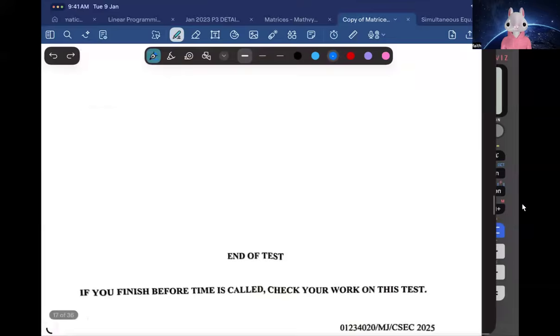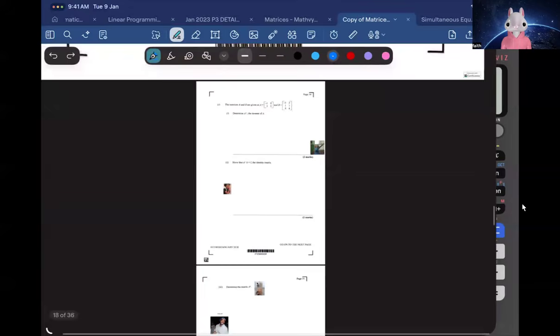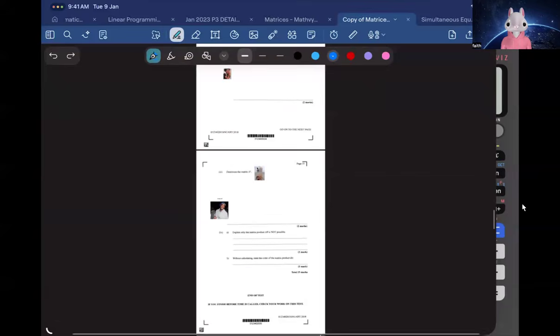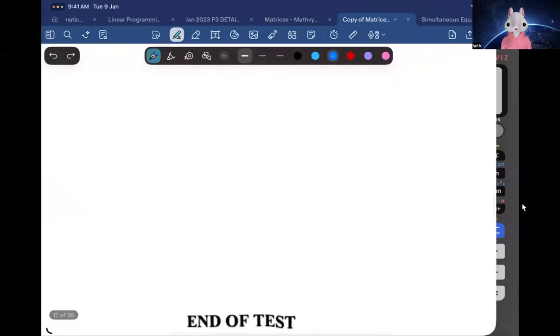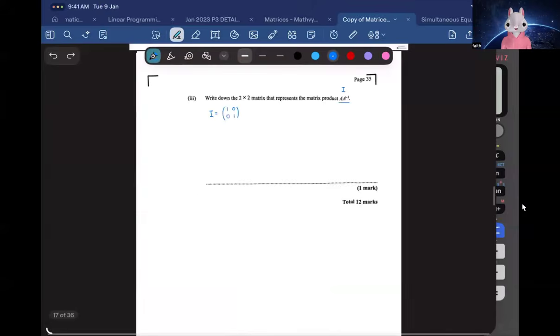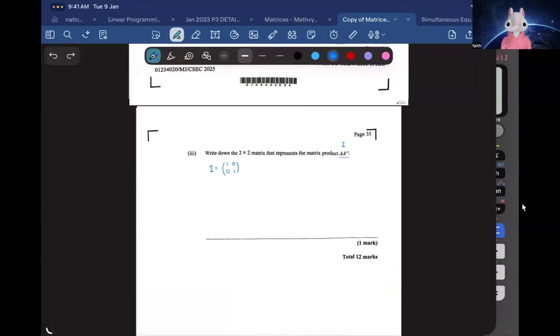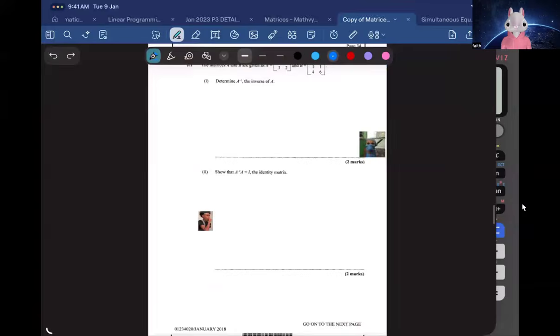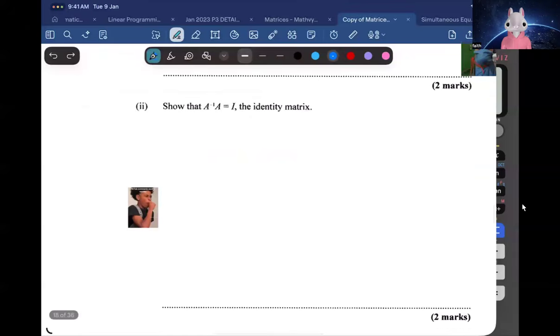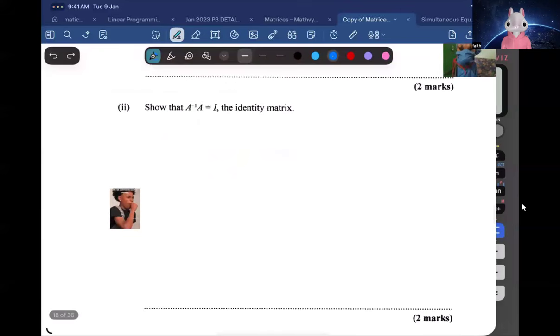Yes, 100% correct. Do we have to prove it, or could I just write the answer? If it's a 1 mark question, just write the answer. But if they say show that A inverse by A is I, you'll have to multiply it out and get 1 0 0 1.